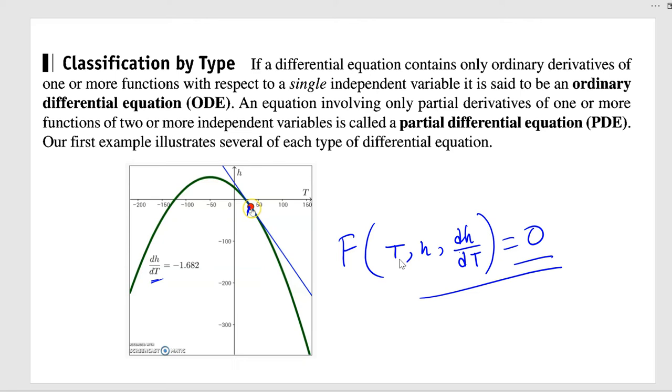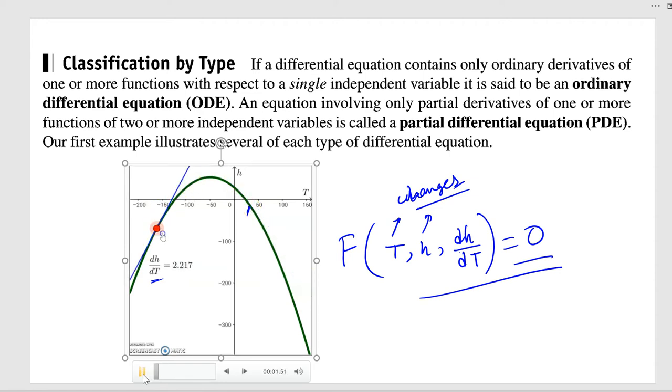Now, if you consider when x, y, and the derivative change, when t and h change, we see that the equation will also change. In fact, when satellites are projected, what would be the injection velocity of a satellite?